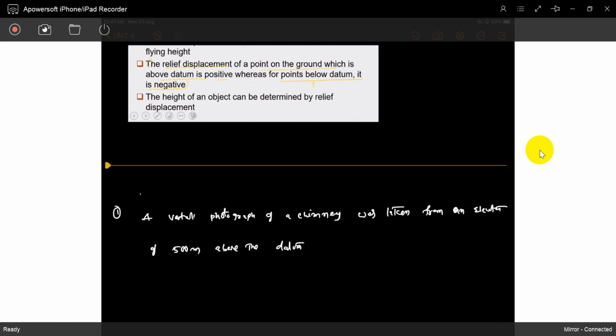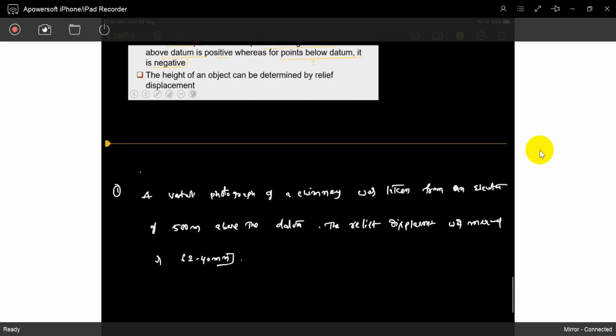It's the flying height. The relief displacement was measured as 62.40 mm on the photograph.